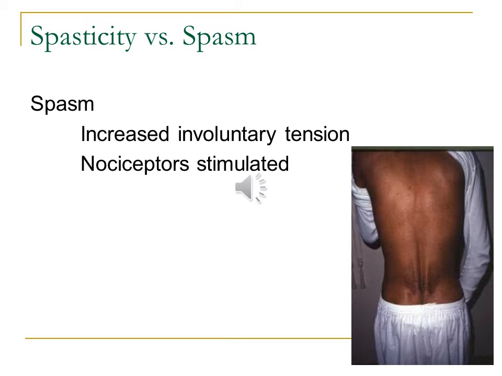So here we're talking about the increased involuntary tension. The question is, with skeletal muscle relaxants, and we'll address this a little bit more later on, they're not typically a first-line treatment to deal with this. So, for instance, if you look at the picture, you can see this individual. If you look at their low back, the spinal erectors are really tense.